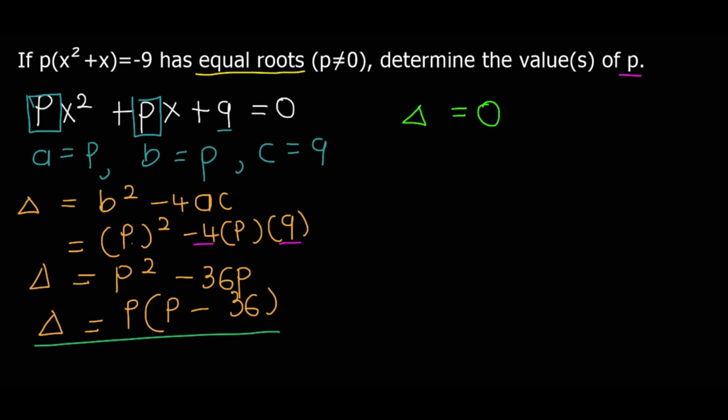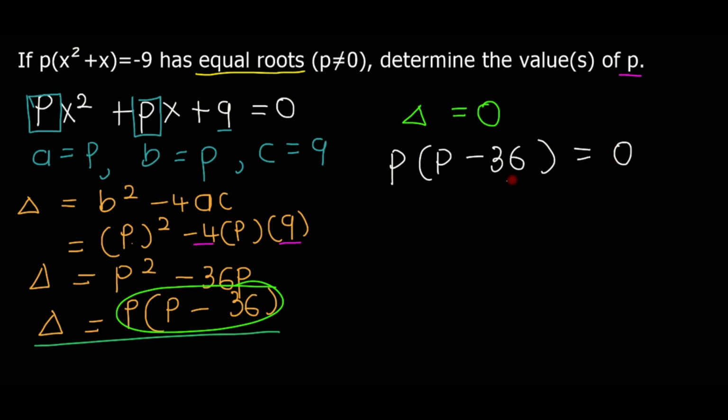So now we must find the value of p if this has equal roots. To have equal roots, the discriminant must be 0, and in this case this is our discriminant. So here we say p times p minus 36 and then equal to 0.